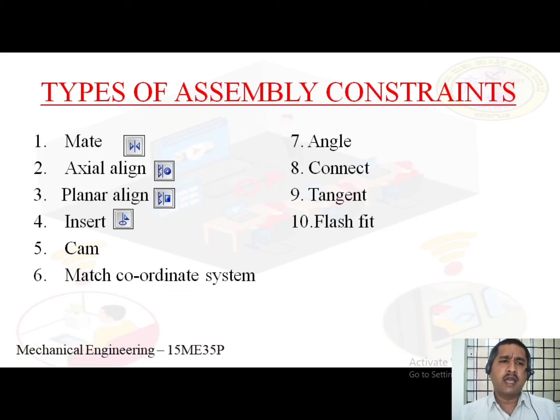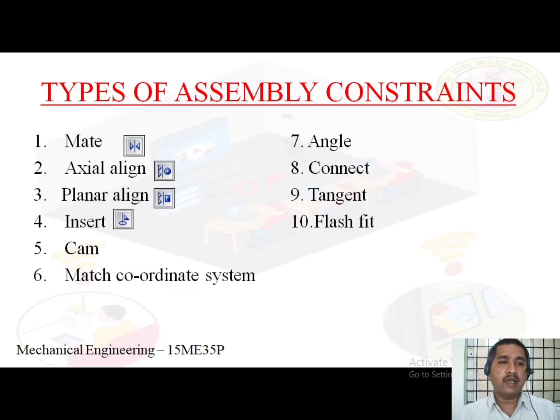The next one is match coordinate system. To match two different coordinate systems, the match coordinate system relationship uses the coordinate systems of two components to assemble them. The coordinate system should exist in both the placement and target parts.